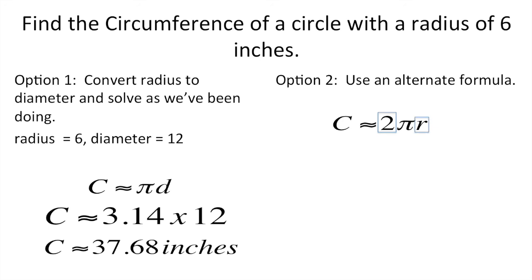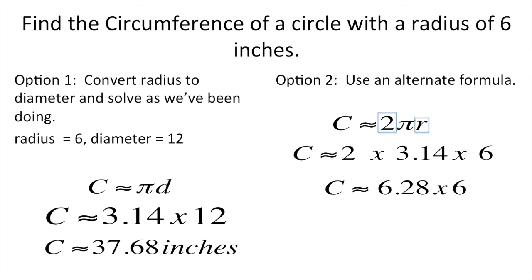And as we've said a couple times already, 2 times the radius, or if I double the radius, it gives me the diameter. So essentially it's the same thing, just written differently. So again, I'm going to fill in what I know, and I know that circumference is equal to 2 times 3.14 times 6. Let's do the first part of the multiplication there. 2 times 3.14 gives us 6.28, and then I multiply that by 6, and of course I get the same answer either way. So that's it.